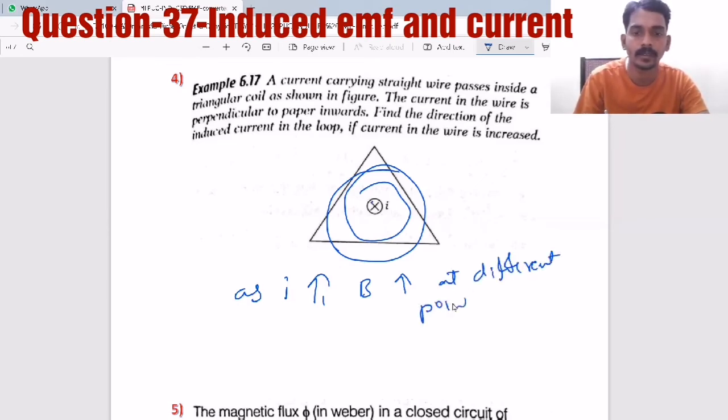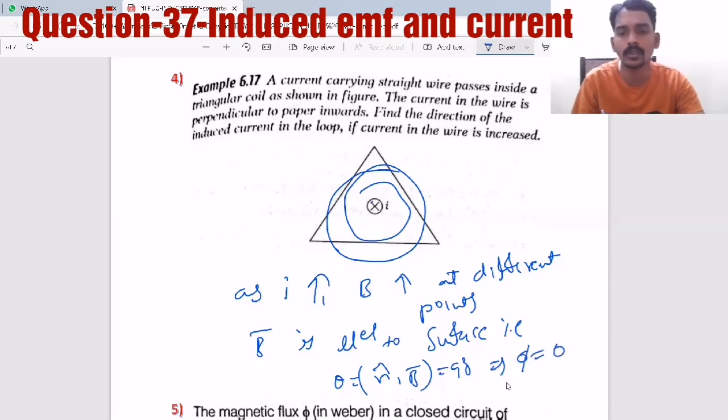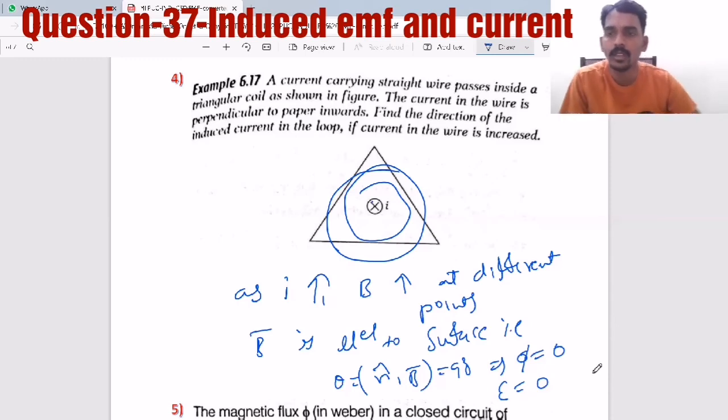But here the magnetic field B bar is parallel to surface. That is, the angle between normal to the surface and B bar is 90 degrees, implies flux is always 0. So EMF induced is 0. Because flux is always 0 means there is no change in flux at all. So there is no change in flux at all means the EMF induced is always 0.